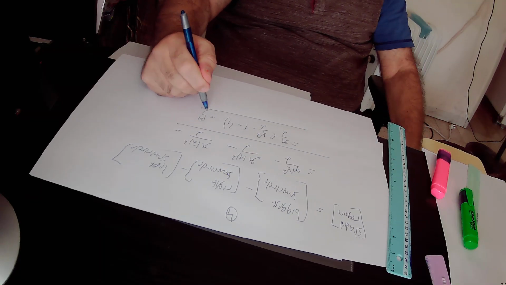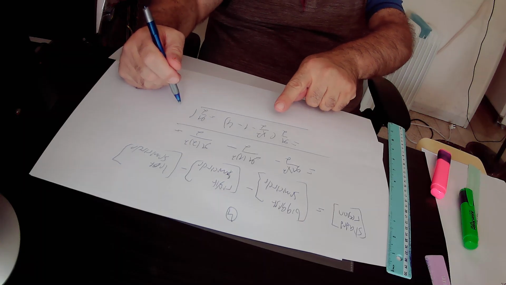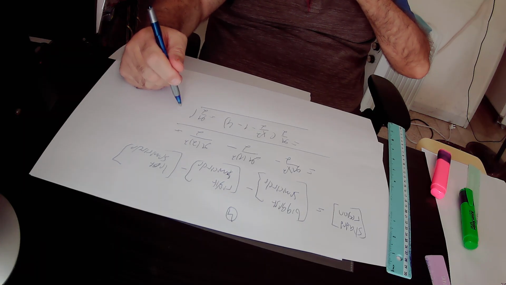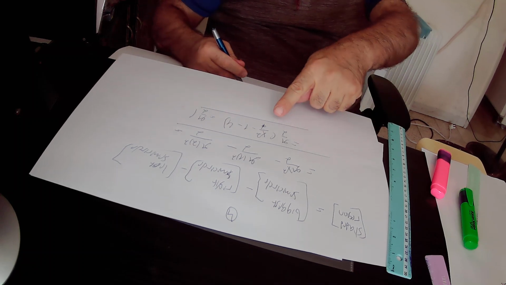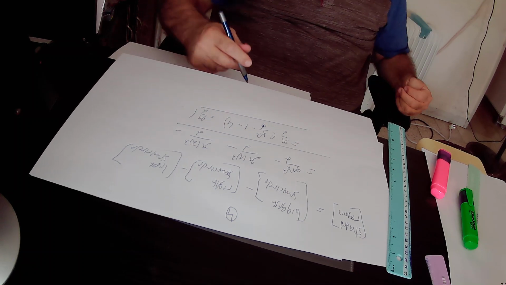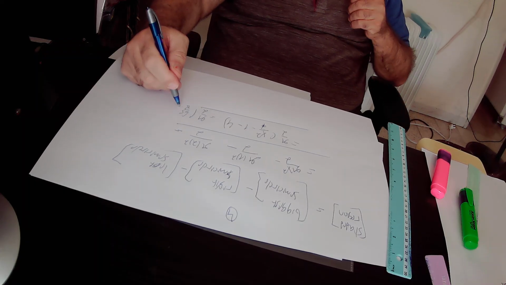So x squared is 65 over 8, minus 1, minus 4, which is minus 5.